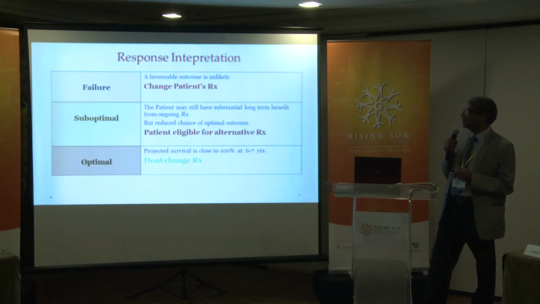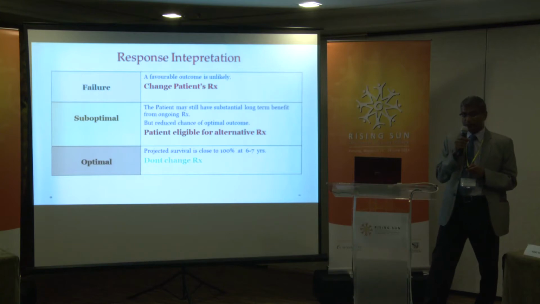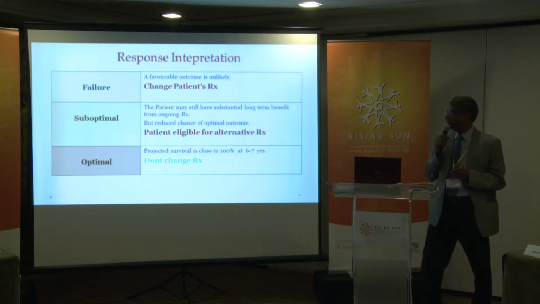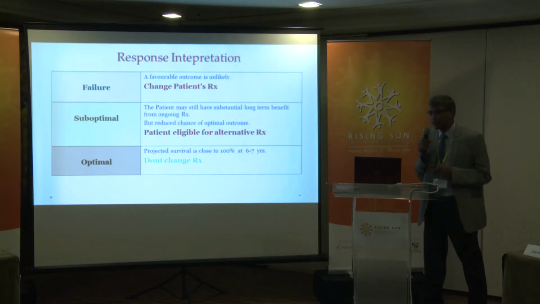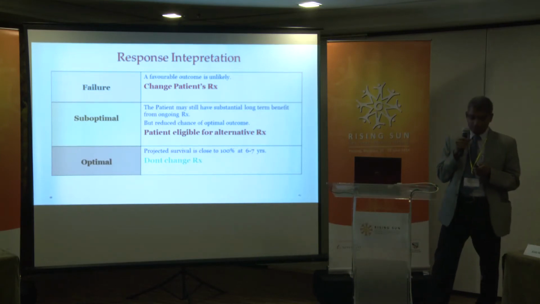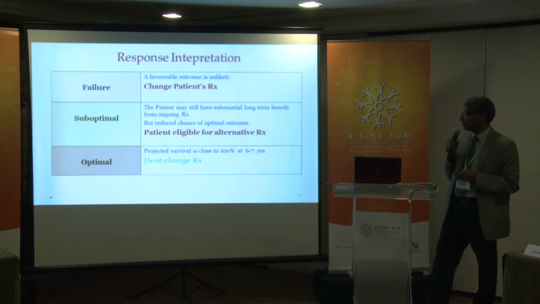We had the failure, which meant that you had to change therapy. You had a suboptimal response where you did not know what to do; you were still having your legs in both boats. And then you had the optimal response where, of course, it was easy: you could continue the therapy without doubt.